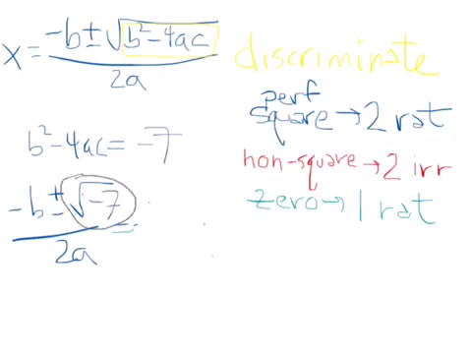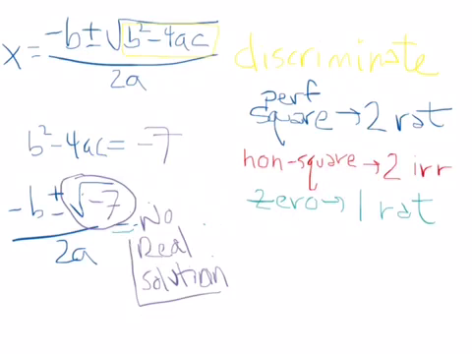I don't get a real answer for that. There's no real number that gives me square root of negative 7. So I could say that there's no real solution. There are solutions. They're imaginary, but for now we'll just say no real. So if it's negative, I will get no real solution.